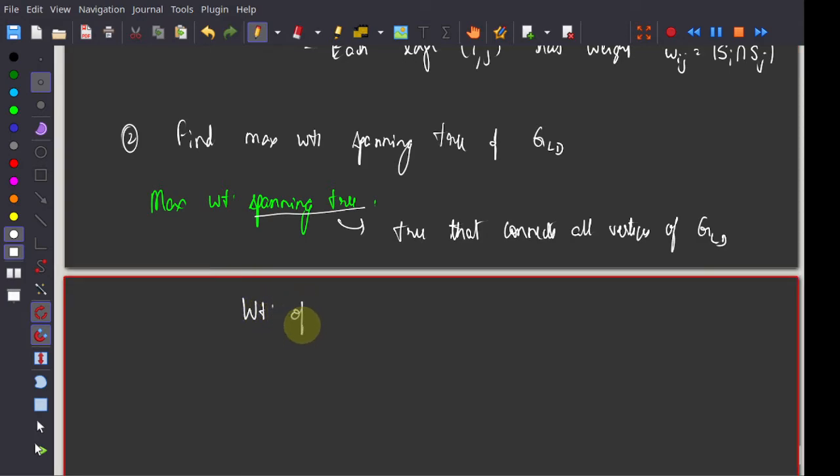So the weight of the spanning tree is basically equal to the sum of the weights of the edges.